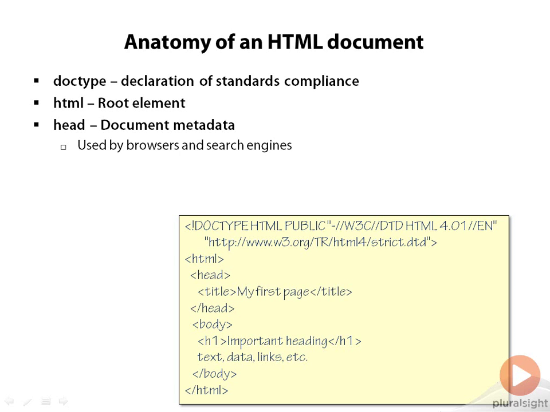So we'll provide information as here we've got the title, we can provide metadata, we can provide links to related documents, be those style sheets, script. If we're talking about a document with many pages, we might be linking to a previous or next page as well. So all that information can be used by the browser, but with the exception of title, you almost never see that information represented in the page.